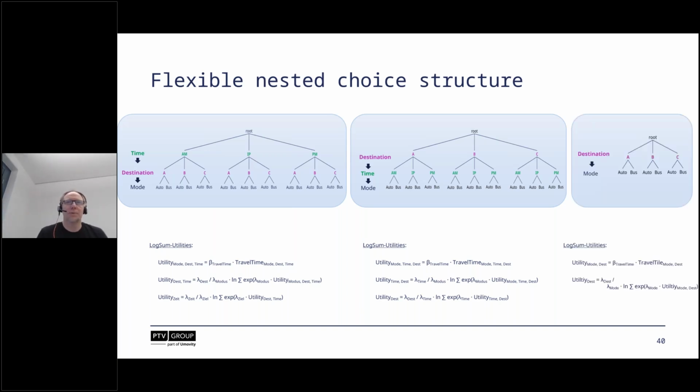Or you can also, of course, leave out a certain choice. This depends on how people behave in your model. So the order of the choices is usually given by how important a certain choice type is for the people in your area, and of course to the type of the activity. This can be different.